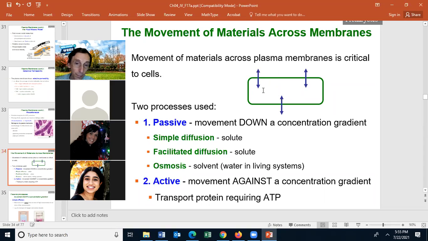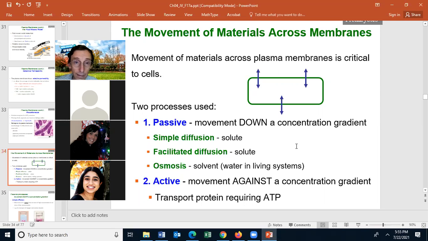When we're talking about simple diffusion and facilitated diffusion, it's the movement of a solute. Osmosis is the movement of water, and water is a solvent. But if water was a solute, it would move largely by simple diffusion. Okay? We'll talk a little bit more about that later.